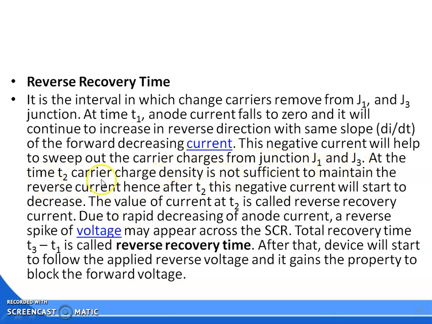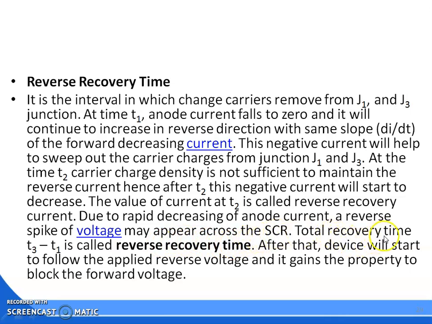At the time t2, the carrier charge density is not sufficient to maintain the reverse current. Hence, after t2, this negative current starts to decrease. The value of the current at t2 is called the reverse recovery current. Due to the rapid decrease of anode current, a reverse spike of voltage may appear across the SCR.